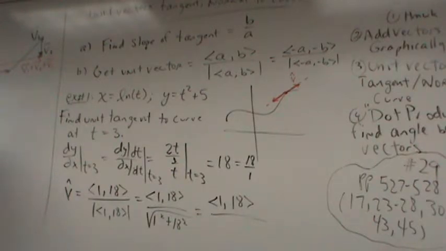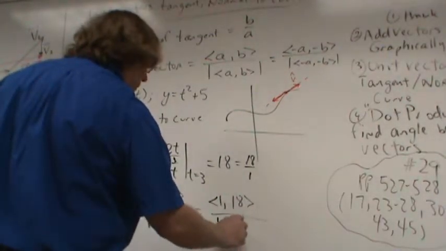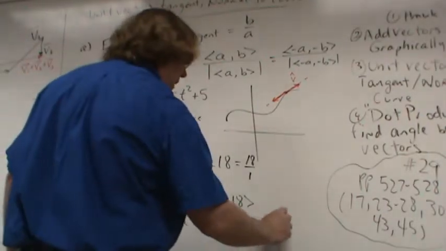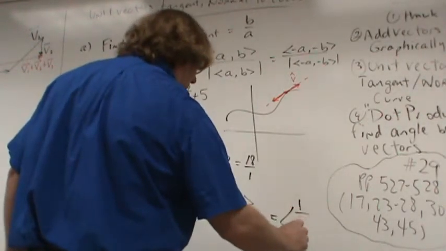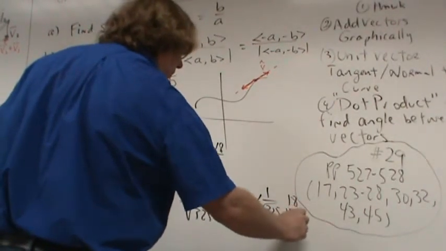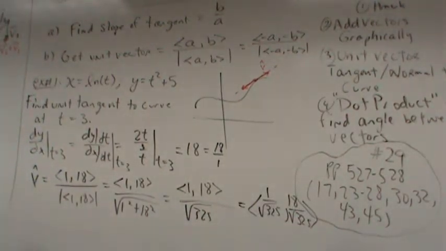Isn't it? Oh, I don't know. I'm going to say it's 324, whether it is or not. Add 1, and so that's going to be radical 325. So you could express your answer that way, or if you prefer, you could express your answer like this: 1 over radical 325, comma 18 over radical 325. And that would be fine as well. But I certainly wouldn't want you to rationalize the denominator.